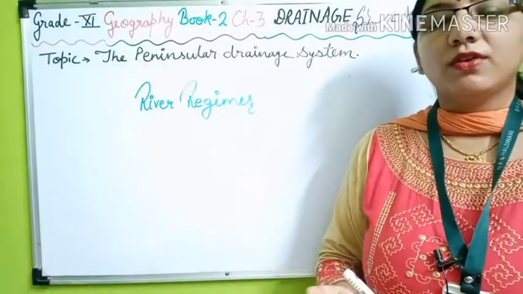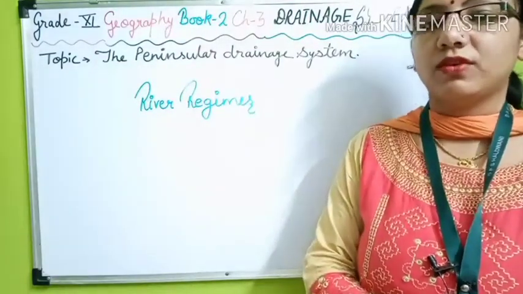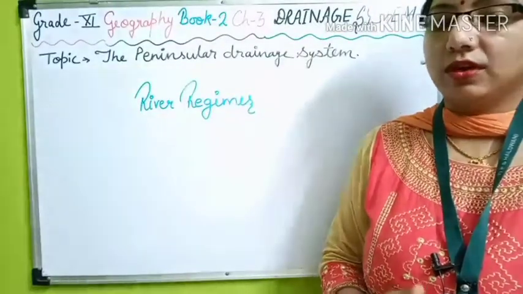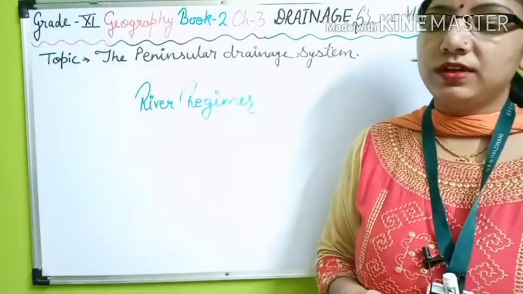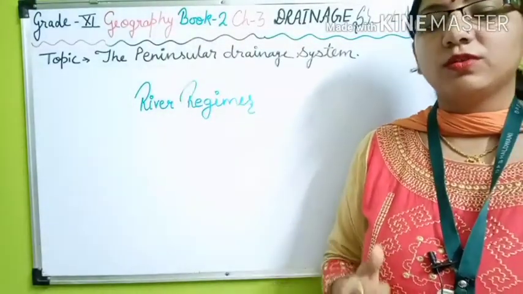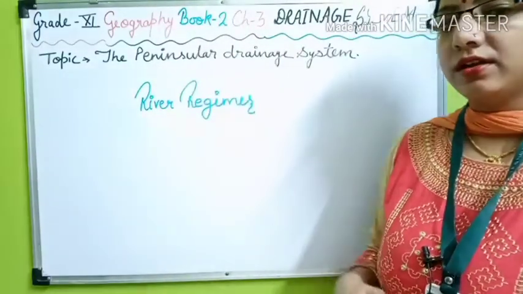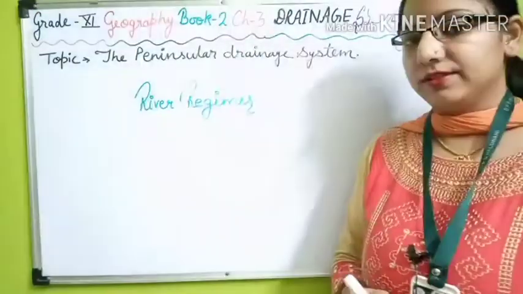But the regime of the peninsular rivers is not based upon rainfall or snowfall. It is based upon the monsoonal rain. It is measured in either cubic feet per second or cubic meters per second. So we can see the chart through which we will know more about the river regimes.